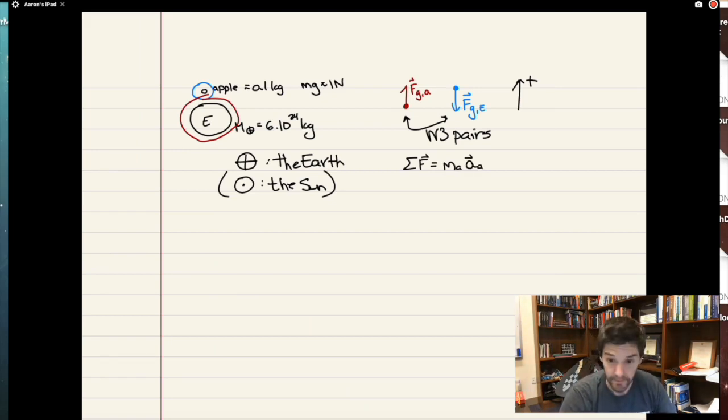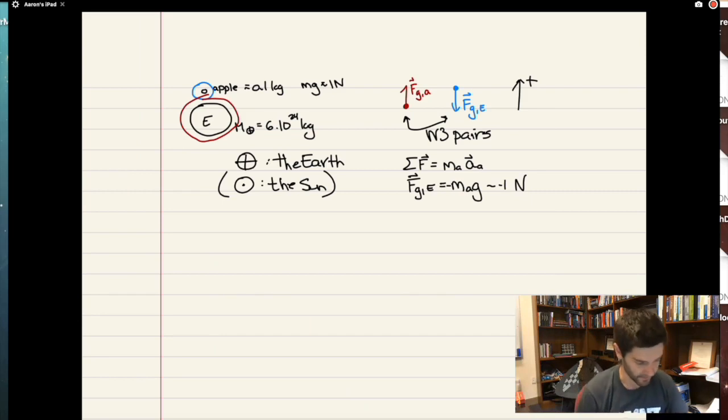In that case, the sum of the forces is Fg from the Earth equals the mass of the apple times the acceleration, and we know experimentally that the acceleration the apple experiences is minus g, minus based on my coordinate system. Which is about negative 1 Newton, if it's a 0.1 kilogram apple.